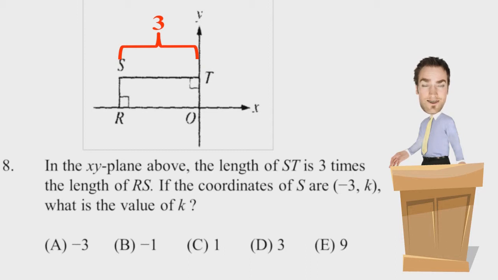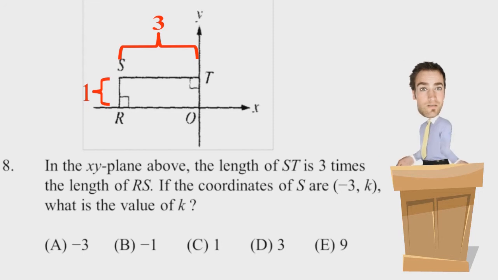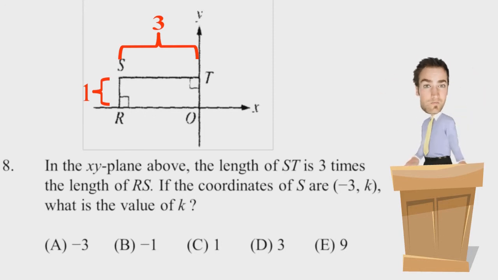Now, if ST is 3 times as much as RS, well, that doesn't really take a lot of math. We can tell that RS indeed has to be a length of 1. So S to R is 1, the origin to T is 1, S to T is 3, R to the origin, or 0, is 3.